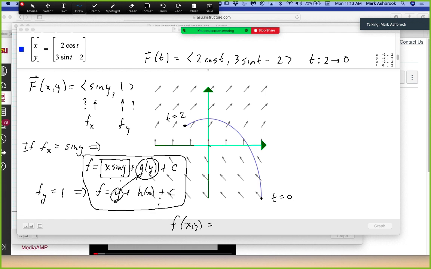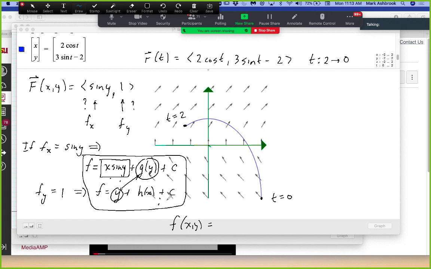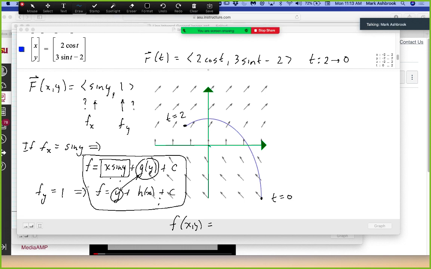Well, there's nothing down here that allows me to have x sine y. So this x sine y prevents this from being a gradient field, because there's no way. Down here we'd have to have x sine y in order for this to work. So these are not the same.